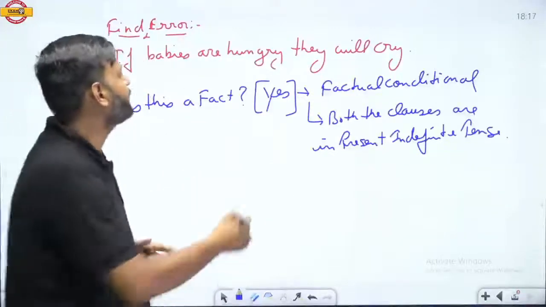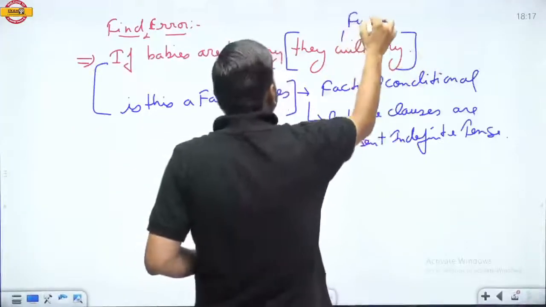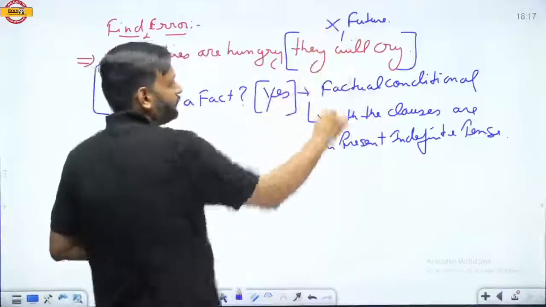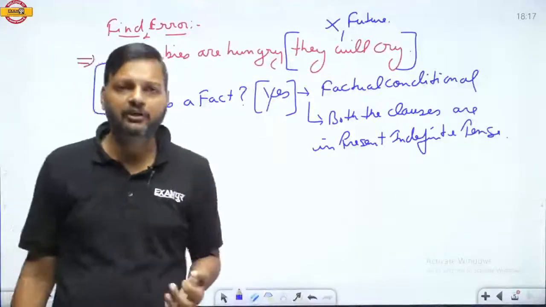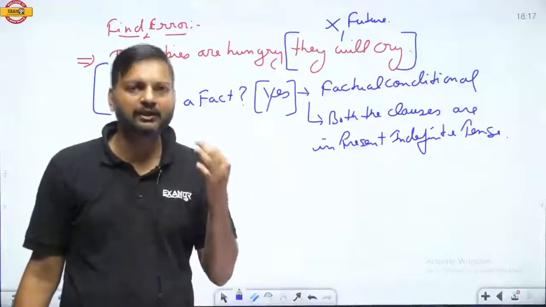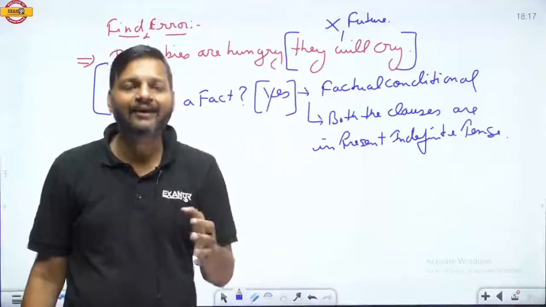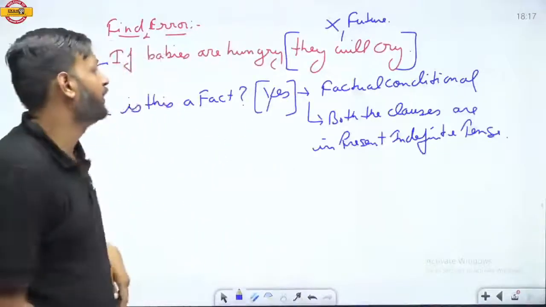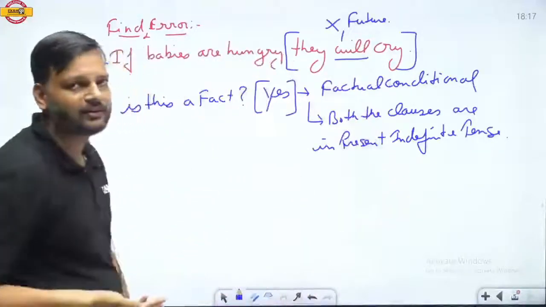But as we can see, the main clause here is in future, which is wrong. Because if any sentence refers to a fact or universal truth, it is a factual conditional, and a factual conditional has present indefinite tense in both the clauses. So here you can see the main clause is in future tense. That's why this sentence is wrong.